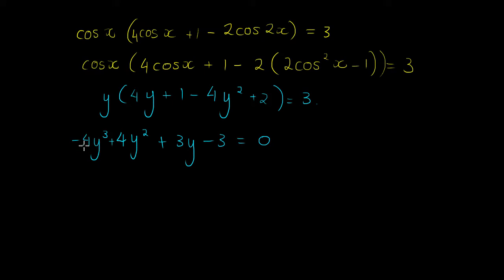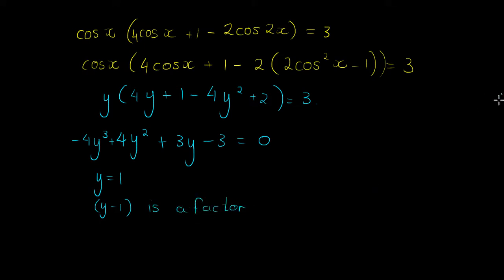So you can see here's like a minus 4 and a plus 4, a plus 3 and a minus 3. So if the y just didn't change anything, then it will work. So in other words, if y is equal to 1, look, then I've got negative 4 plus 4 is 0, plus 3, negative 3 is 0. So y equal to 1 means y minus 1 is a factor.